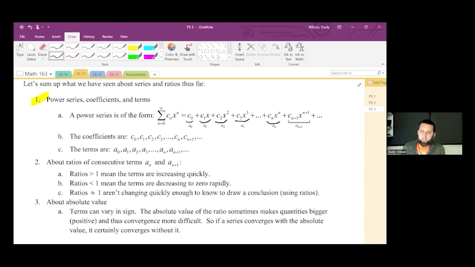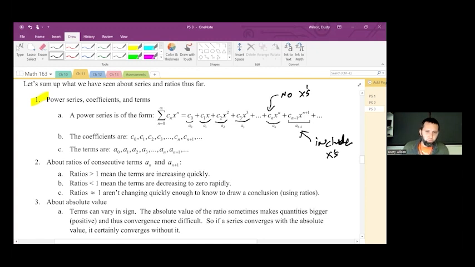And so the key is that the a's, these guys right here, include the x's, whereas the c's have no x's in them.